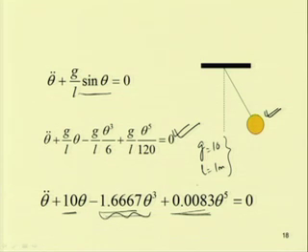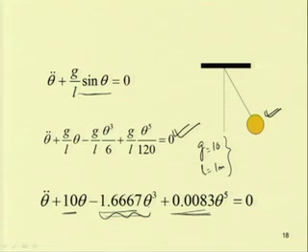In that case we can keep up to the order of the coefficient of theta cubed, that is, write the equation as theta double dot plus 10 theta minus 1.6667 theta cubed equal to 0.